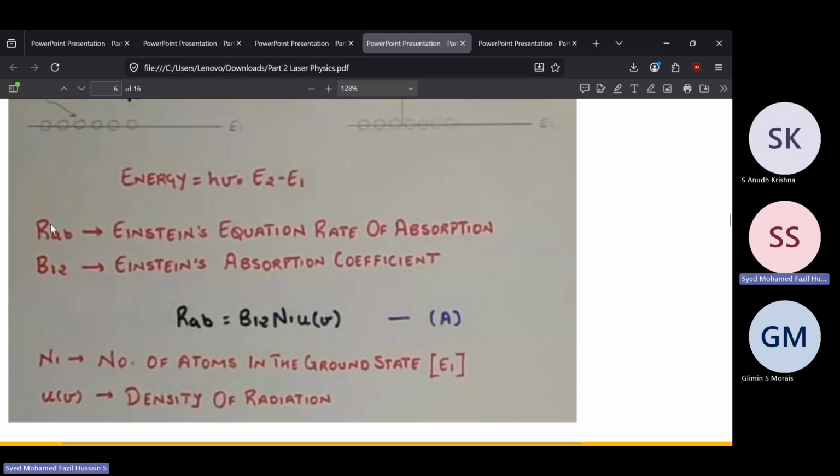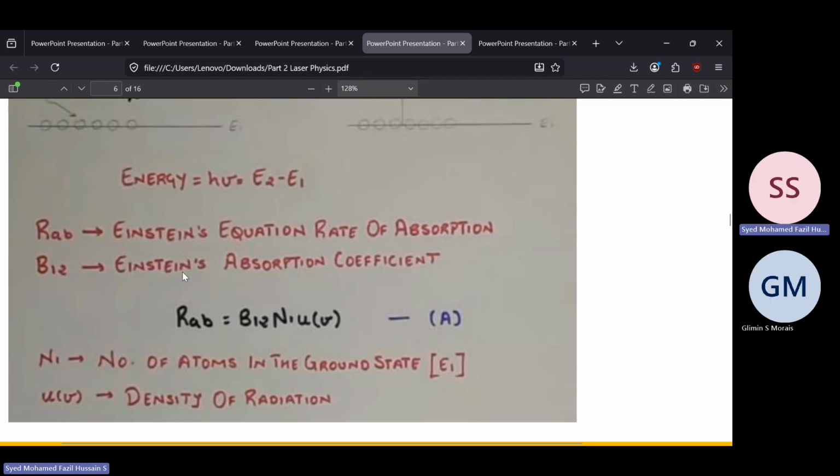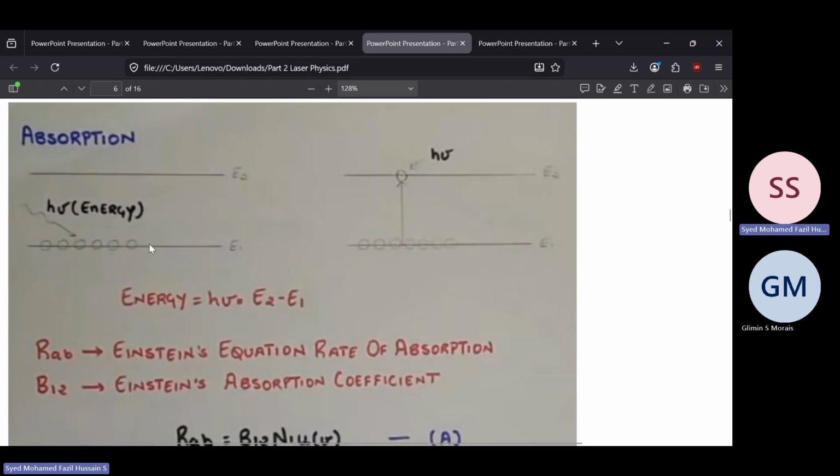Here R_AB is the Einstein rate of absorption. B12 is the absorption coefficient, from 1 to 2.